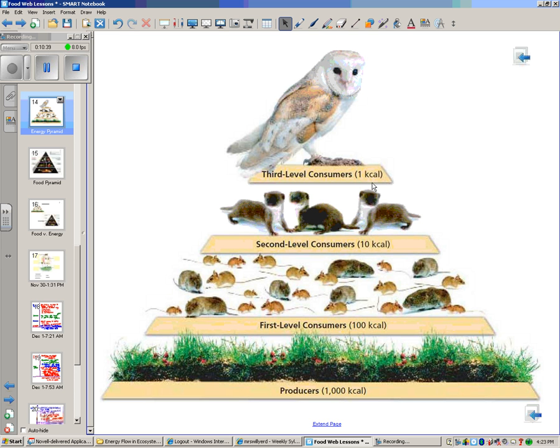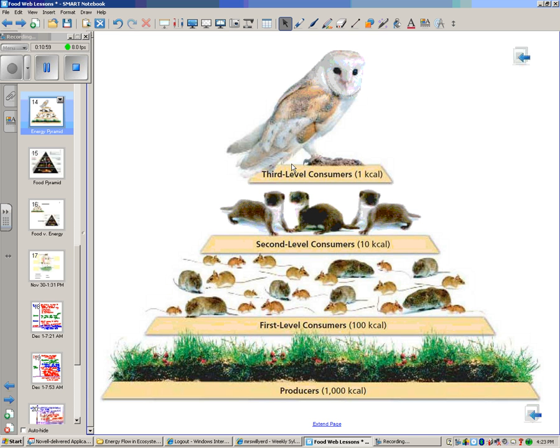So that goes into the question, why are there not very many organisms that are at the top of the food chain? It probably goes back to, if you're thinking when we're talking about populations, about how you're not able to have a larger carrying capacity.